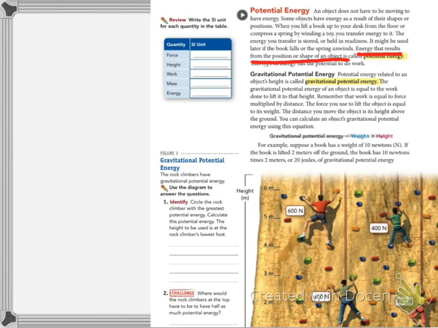Now, when we talk about potential energy, there are two forms of potential energy that we'll start talking about in this video. The first one is called gravitational potential energy. Gravitational potential energy has to do with the height of an object.